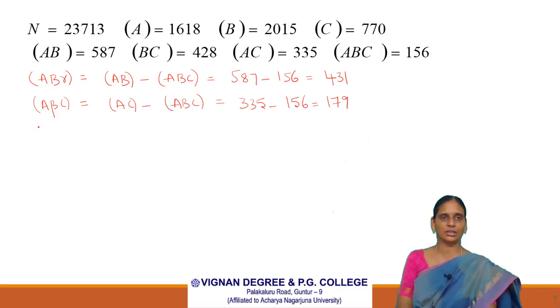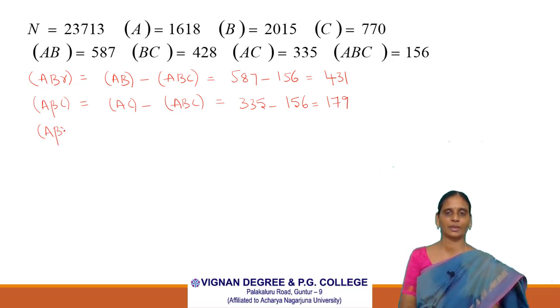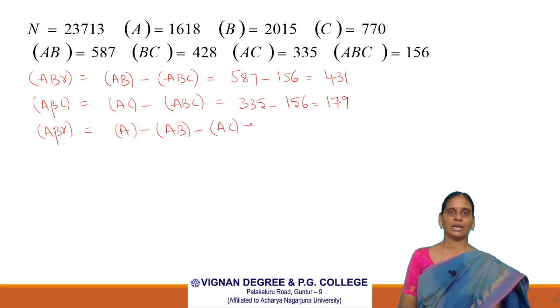And next third order class frequency is frequency of A beta gamma. And this can be written as frequency of A minus frequency of AB minus frequency of AC plus frequency of ABC. So the value of frequency of A is 1618 minus frequency of AB is 587 minus frequency of AC value is 335 plus frequency of ABC is 156.